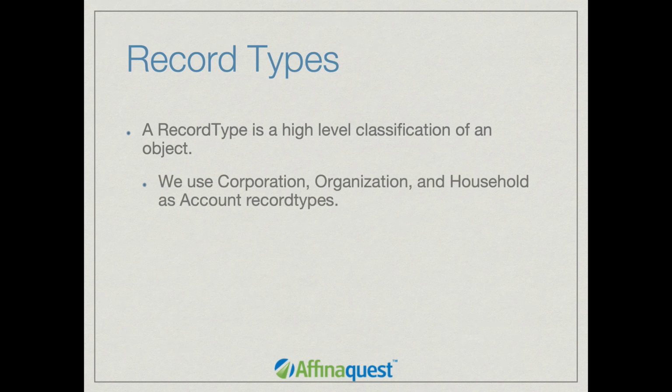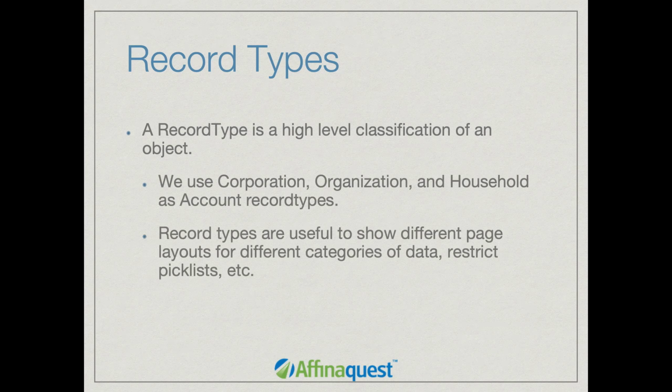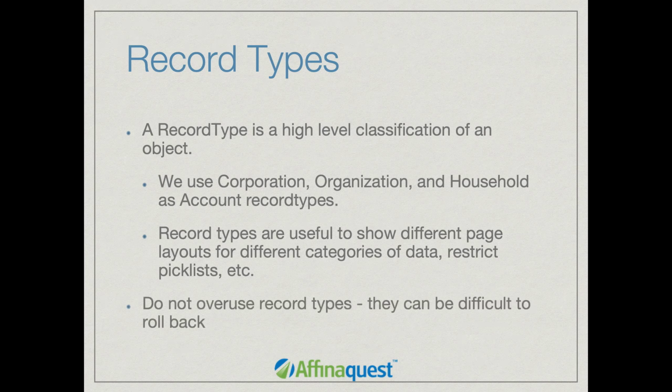Now, as I just mentioned, we use record types for our accounts. These can be very useful because we can use record types to restrict pick lists, as an example, change page layouts, all of those different kinds of things to control look and feel for you through the use of record types. However, we recommend that you not overuse record types.